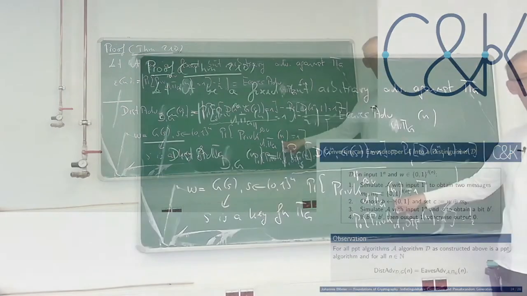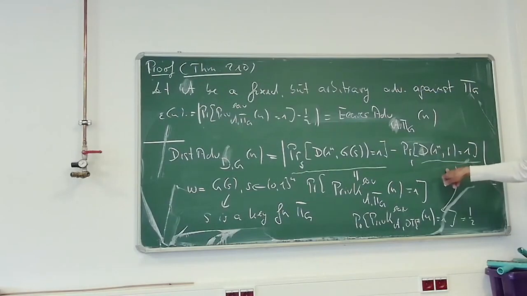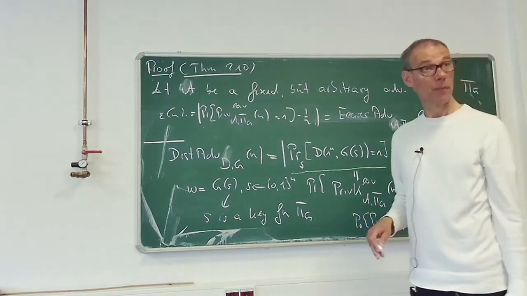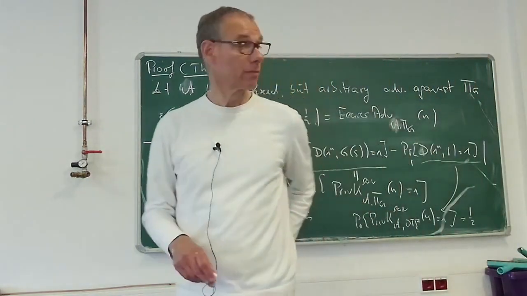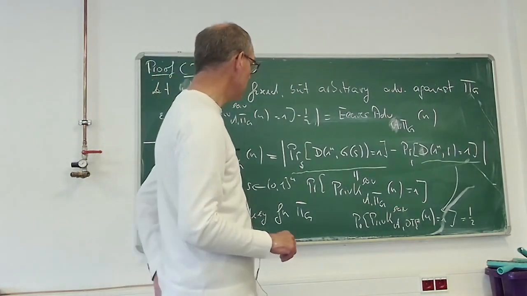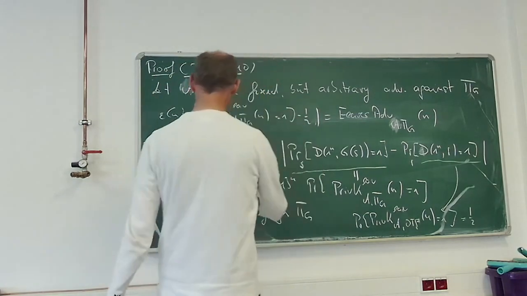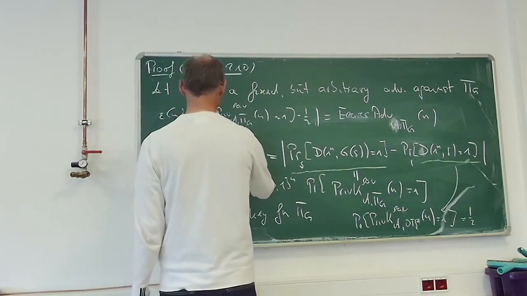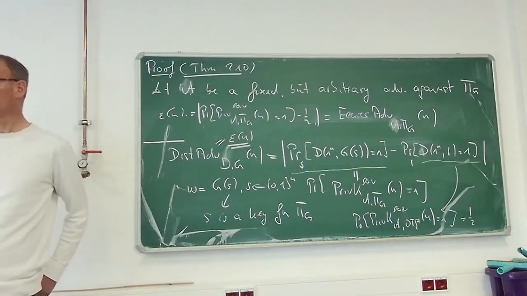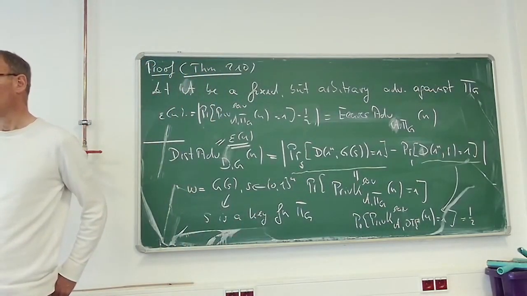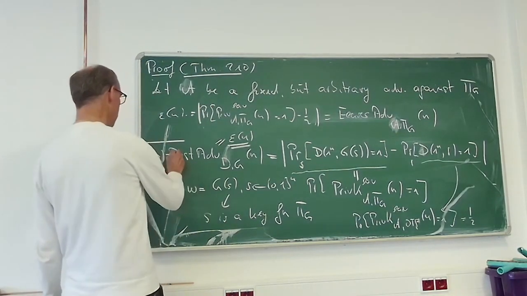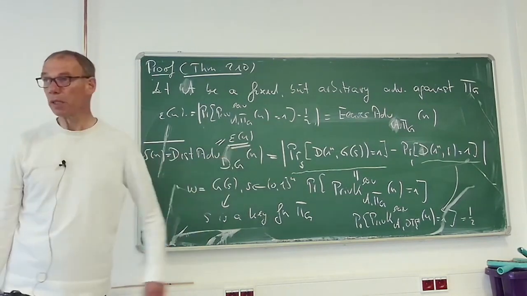So this is this guy here. This is 1/2. This is the eavesdropping advantage. So this here really is epsilon n. Again, the two things are the same. This would be our delta n, and this is epsilon n.